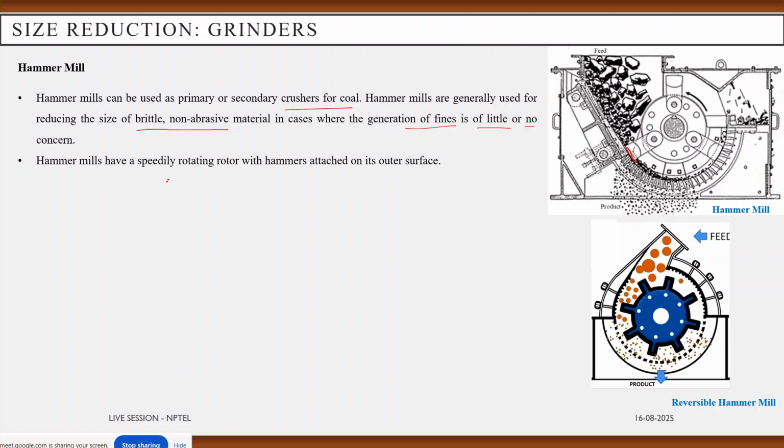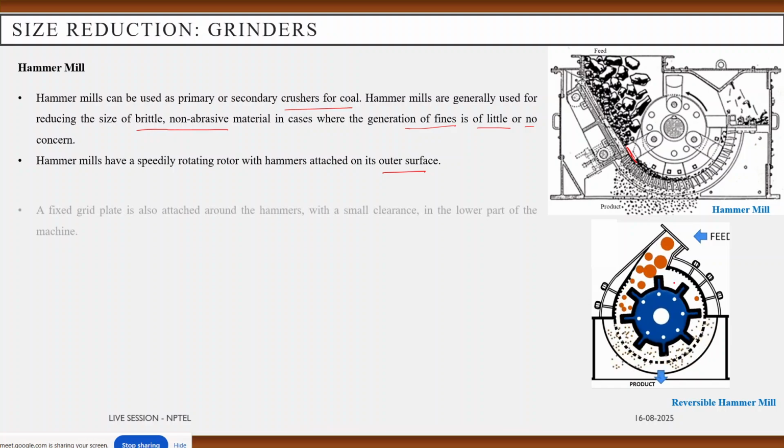Now hammer mills have a speedily rotating rotor. You can see this is the rotating rotor, where the hammers are attached at the outer surface of the rotor. Here it produces impact force as well as attrition between the particles, and they produce more size reduced particles.